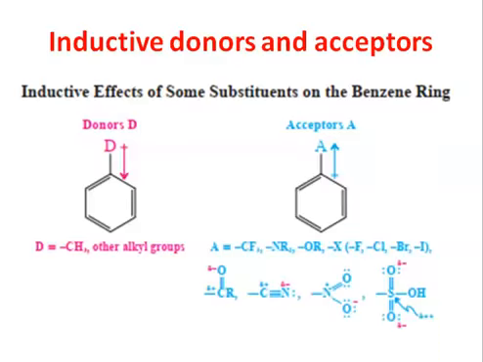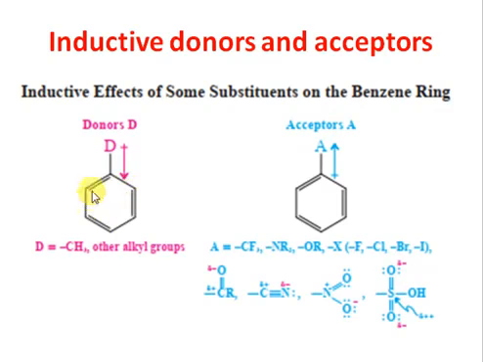Just for a summary, here we have donor groups. This is the benzene ring, and if a methyl group or any alkyl group is directly attached, all of these will donate electronic density, increasing electronic density on the benzene ring, and this will increase the rate of electrophilic substitution reactions.